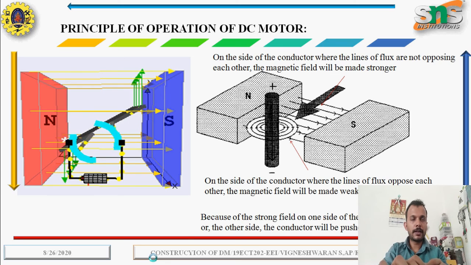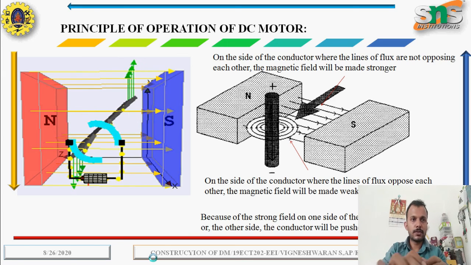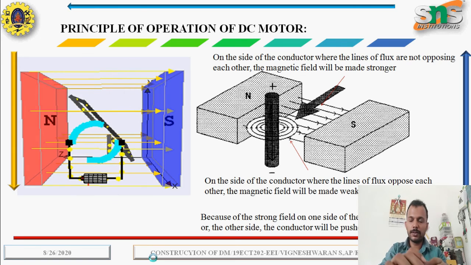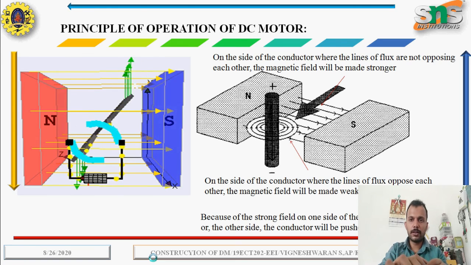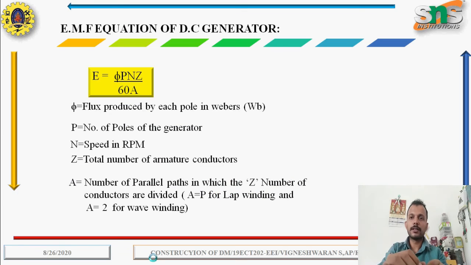On the side where the lines of flux oppose each other, the magnetic field will be weaker. Because of the stronger field on one side and weaker field on the other, the conductor will be pushed from the stronger side to the weaker side. This is how there is movement, and mechanical energy is created in the DC machine.